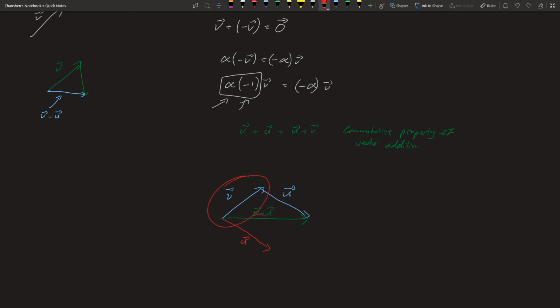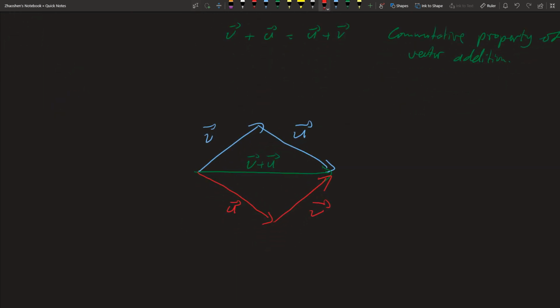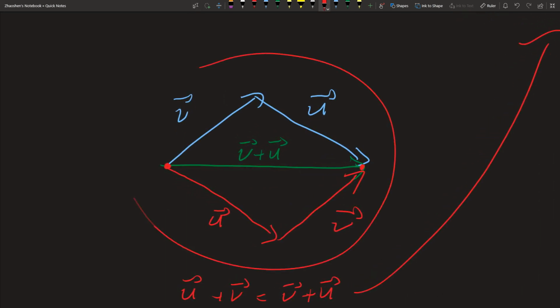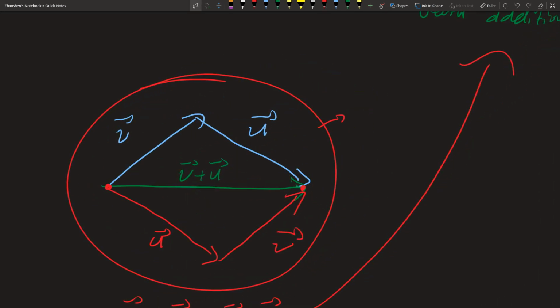Move this here. So it's going to be like this. That is v. We haven't changed its magnitude, we haven't changed its direction, so it's the same vector. Now, triangle rule. u plus v is equal to, well, the tail of one to the head of the other, which is v plus u, right? So we just proved the commutative property of vector addition.